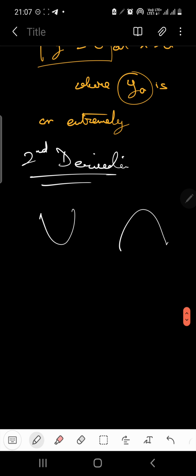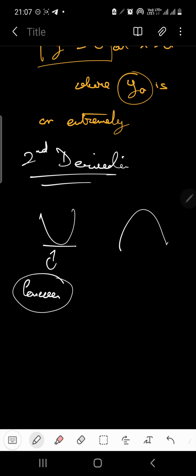We can find one thing. When you have a convex curve, the minima lies within the interval of the curve where it is convex. Similarly, you will have a maximum extreme point in the interval where you have a concave curve.